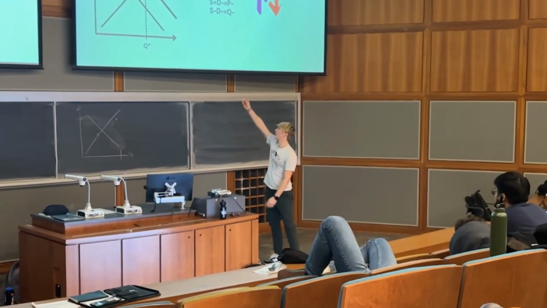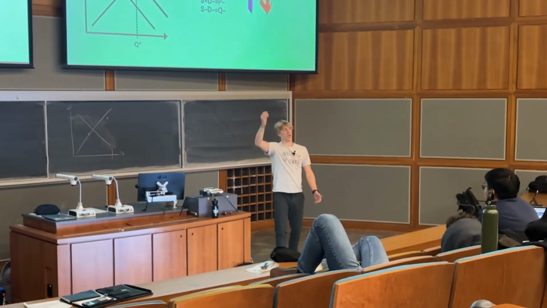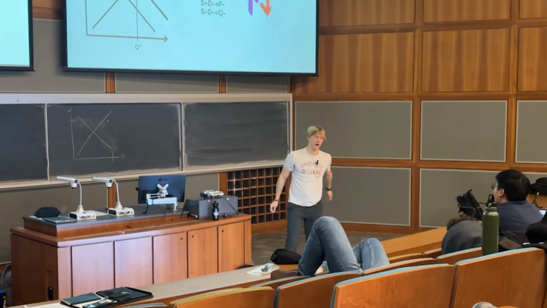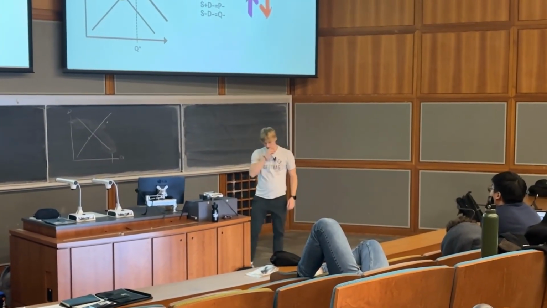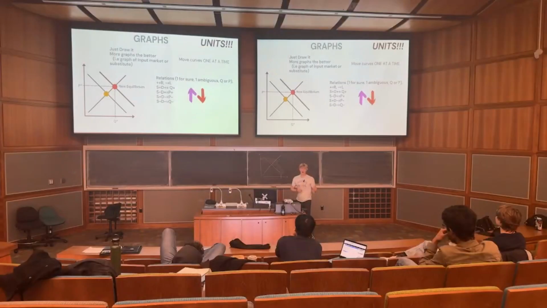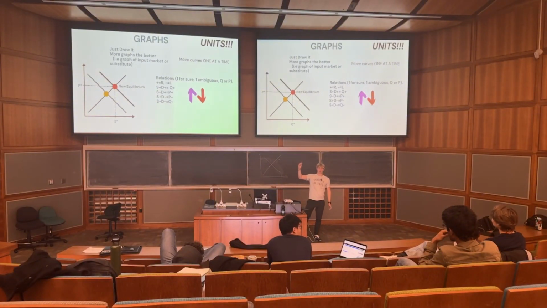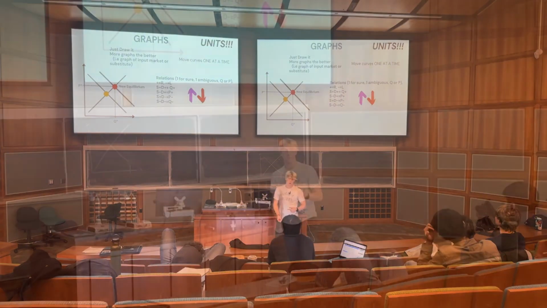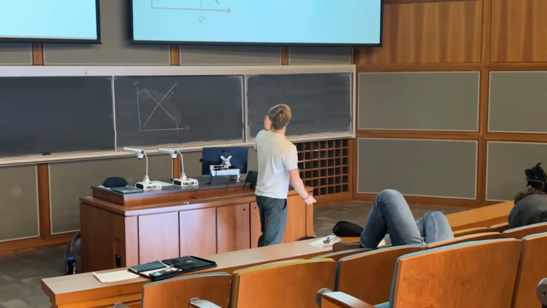As you can see in the graph, you can shift one and then it changes the equilibrium. Equilibrium is always where supply and demand intersect. And then you can have one change or two shifts. With two shifts, one thing to keep in mind is that one change between price or quantity will always be certain, and one of the changes will be ambiguous. You can memorize that or draw a graph.